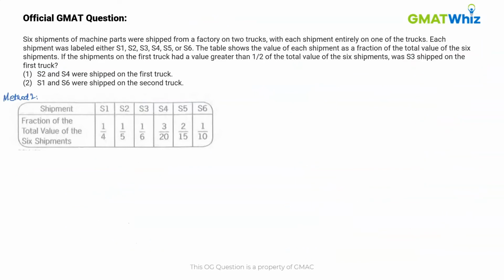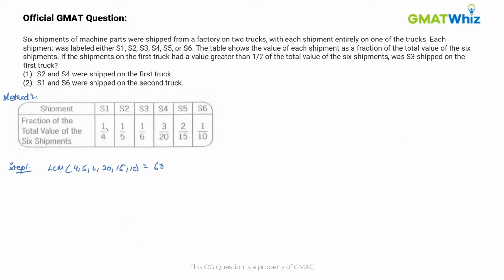Now the other method that we can use to solve this question is to change these fractions into integers. To do that, we take the LCM of all the denominators of the fractions. So the LCM of 4, 5, 6, 20, 15 and 10 equals 60.